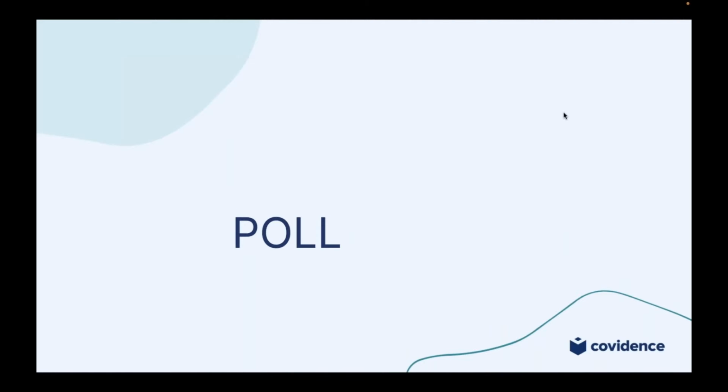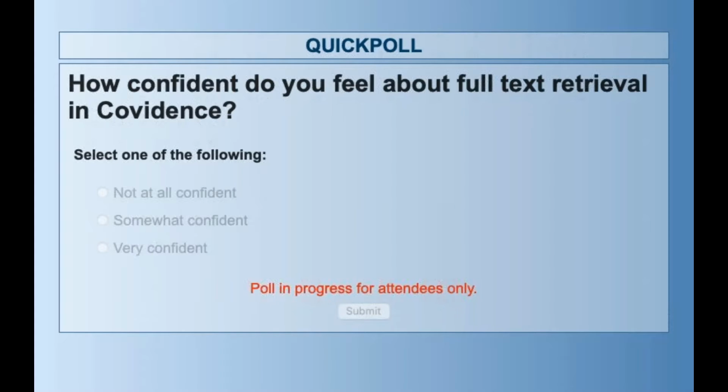Before we kick off, I'm just going to launch a quick poll. I'd like to find out how confident you feel about full text retrieval in Covidence. Do you feel not at all confident, somewhat confident, or very confident at the moment?